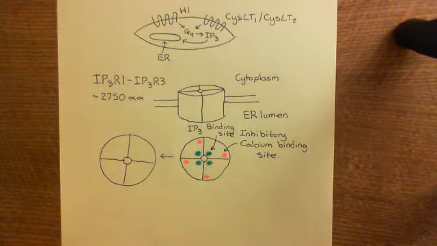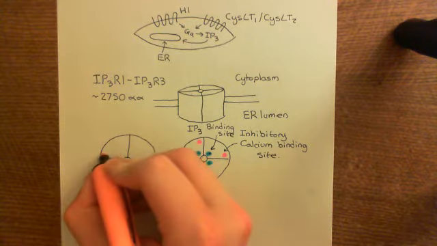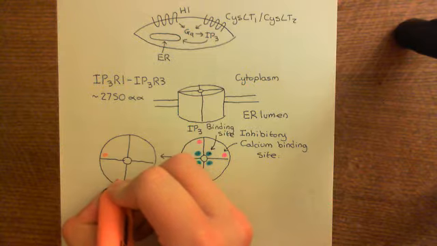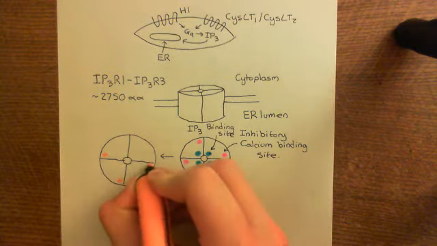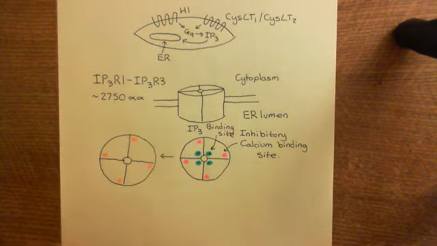Because usually when IP3 binds, what follows is the IP3 receptors open and you release calcium. However, IP3 binding to the IP3 receptor does not cause it to open. However, you'll see why it's a useful oversimplification.